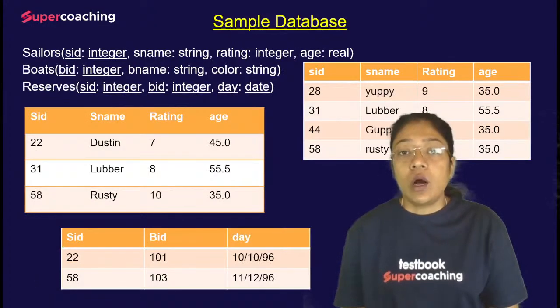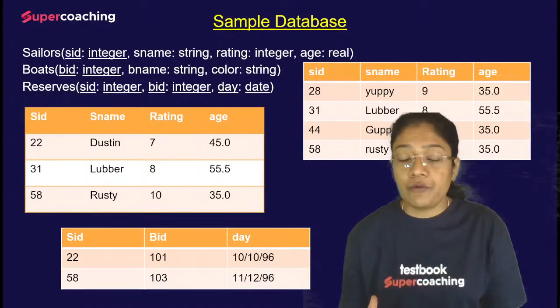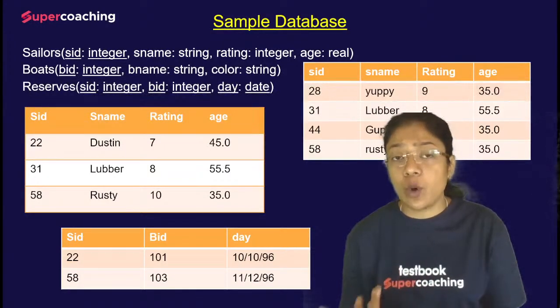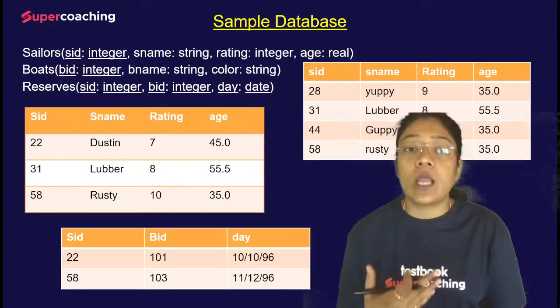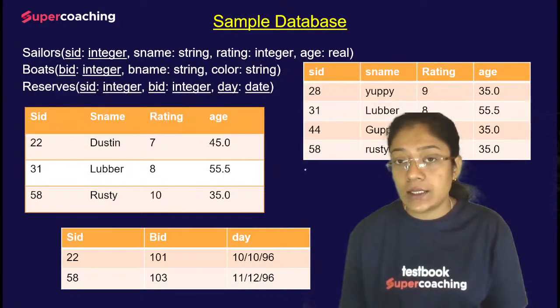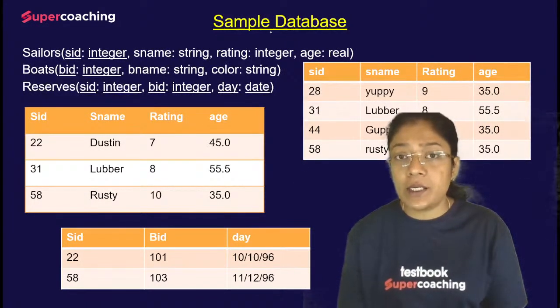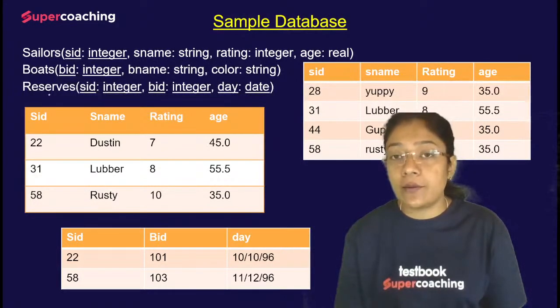All right. Throughout our session, we will be covering the queries and various operators, and we will get more clarity when we have some examples. So I'll be considering these relational instances. The sample database contains three relations: sailors, boats, and reserves.